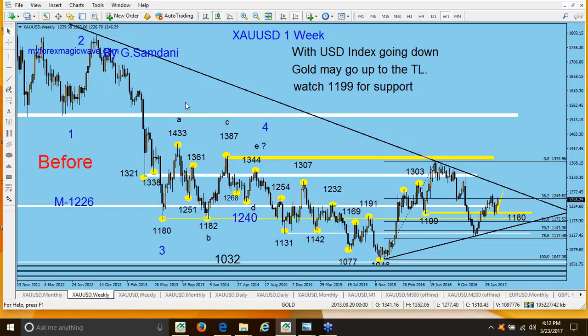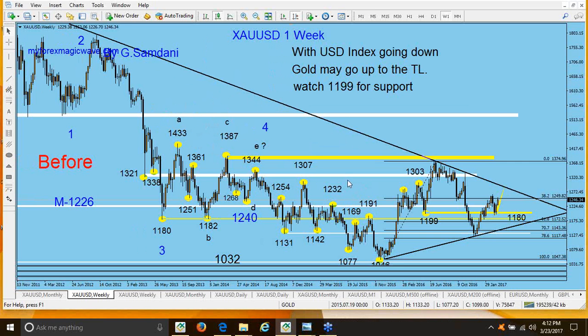Euro USD, Pound USD, Aussie USD. But the question is, should you close if you are positive 20 pips? 30 pips, 40, 50, 60, where do we close, right? So where to start and where to close is what we do technical analysis for, to identify these points, the starting points and ending points.